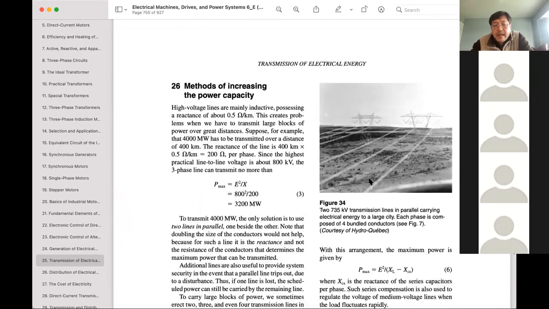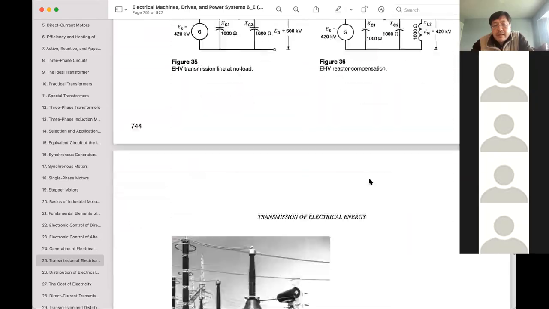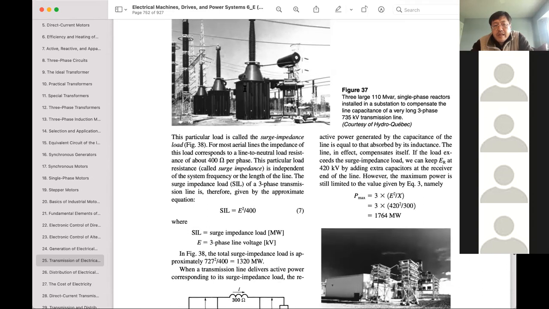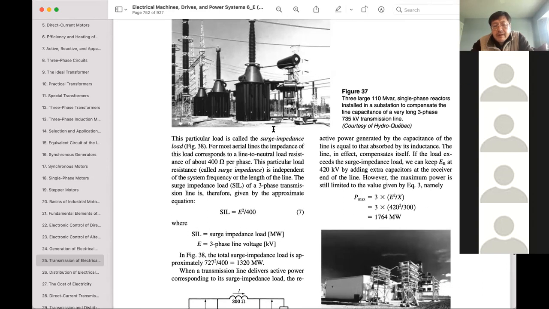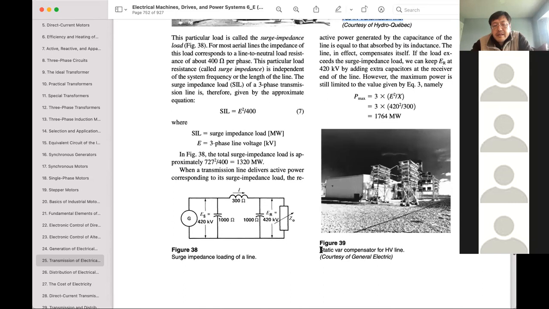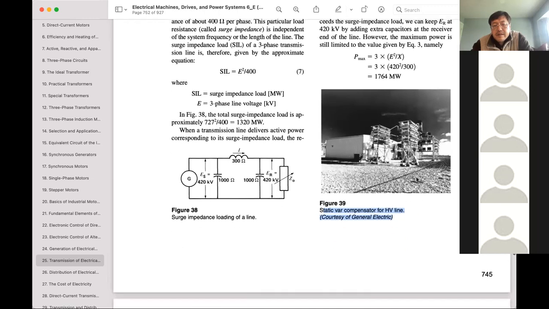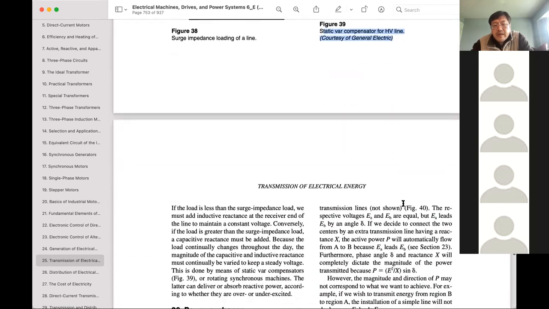And under this theory, this is what happens in the real world. We put the big inductors and the big inductor slash capacitors to make that compensation.